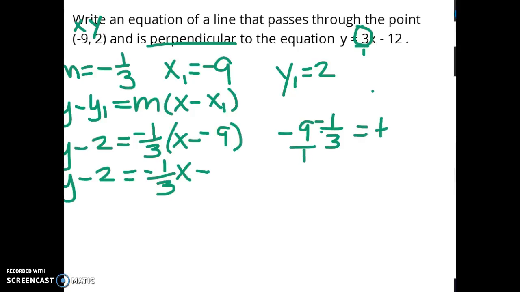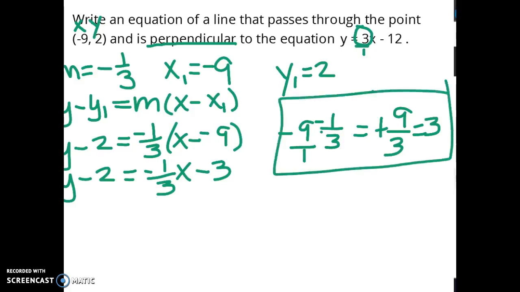Put a 1 underneath that 9. 9 times 1 is 9. 3 times 1 is 3. 9 over 3 is 3. I'm sorry. Now I'm going to add 2 to both sides.